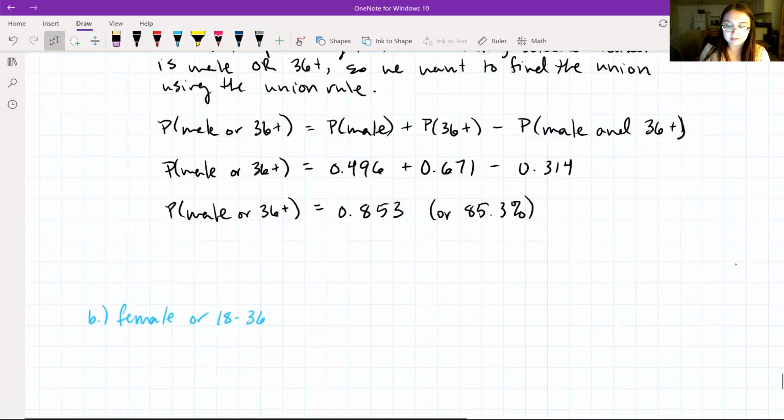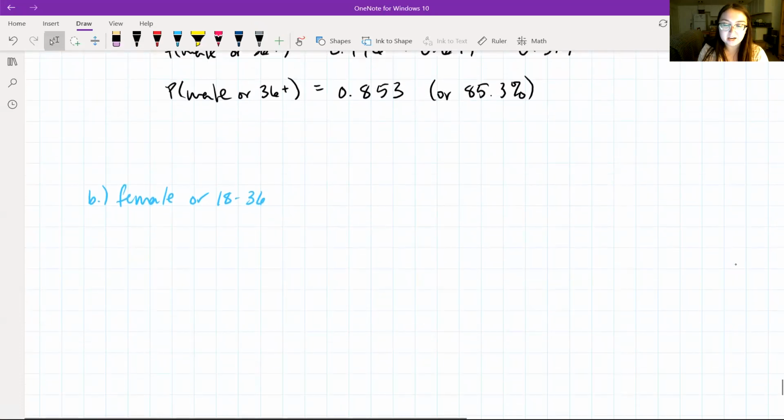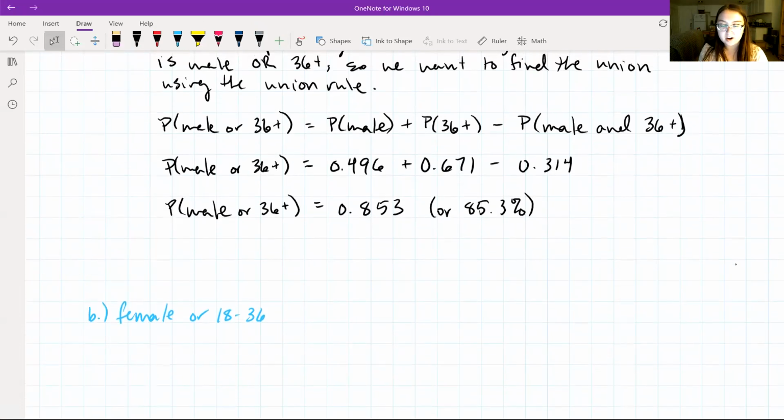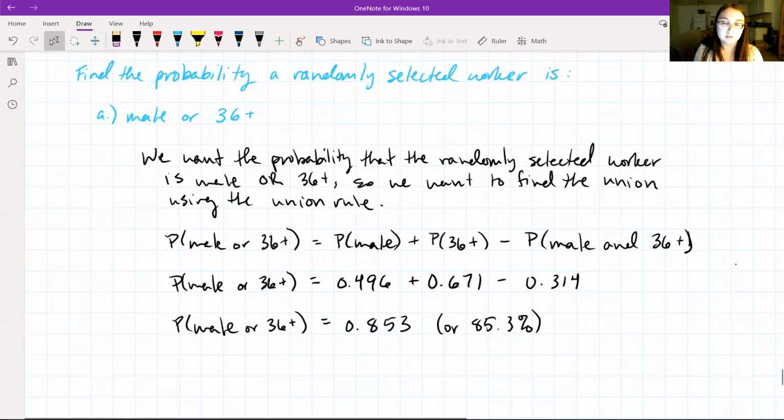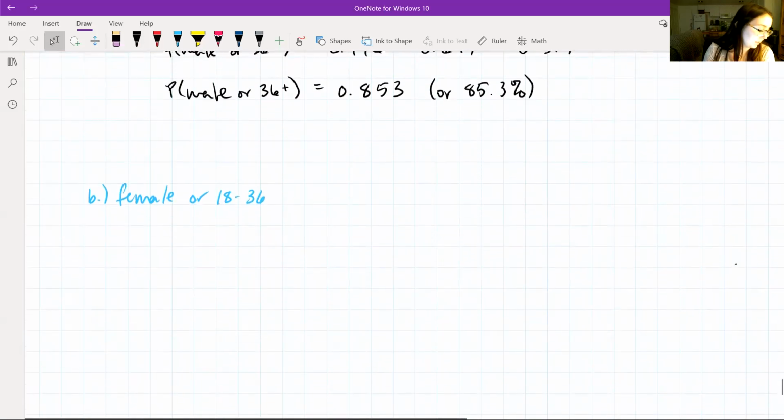All right. Now for part B, we want to find the percentage that our worker is female or 18 to 36 years old. So we're pretty much going to do the exact same thing.